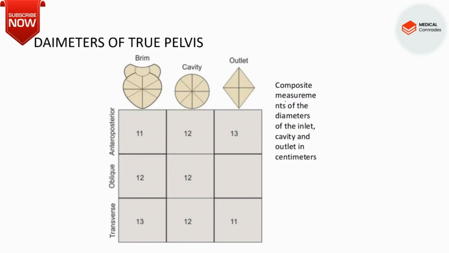So diameters, you can draw this in the exam: anterior-posterior, transverse. These are so easy. This part cannot be identified because it is a whole circle shape.